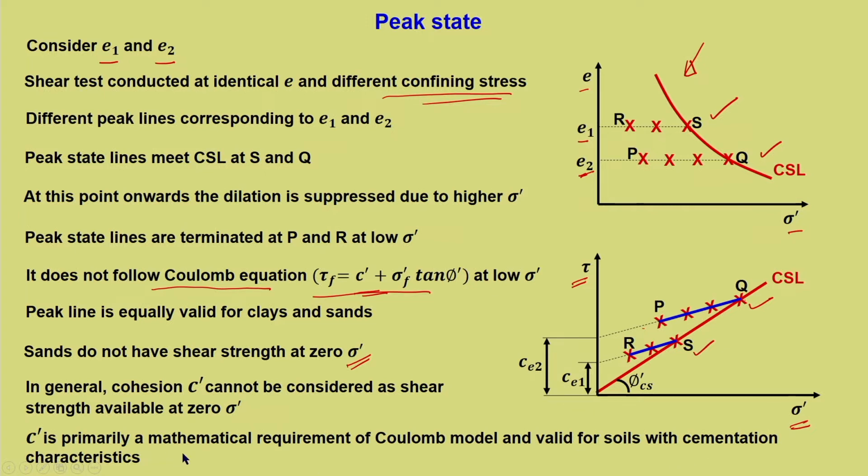Definitely one can always say that soils which exhibit cementation characteristics can hold on their own even if there is no confinement. That can also be due to apparent cohesion, and apparent cohesion may not be available all the time, so we need to be careful about that.